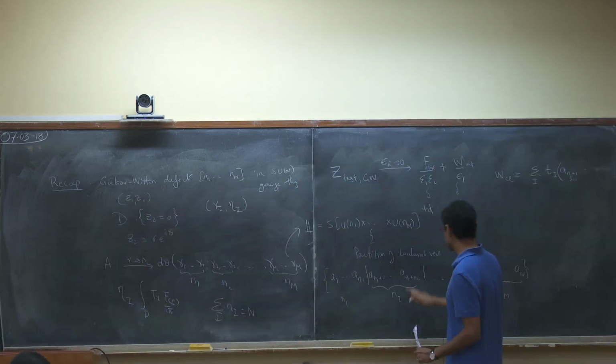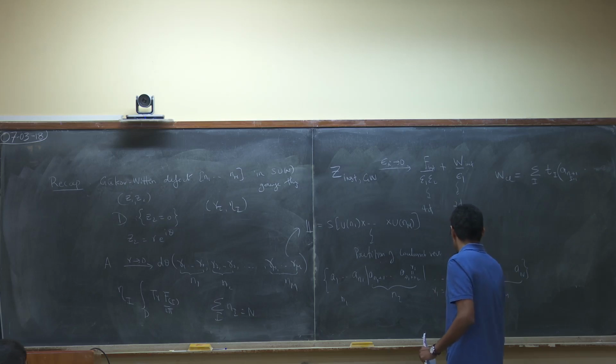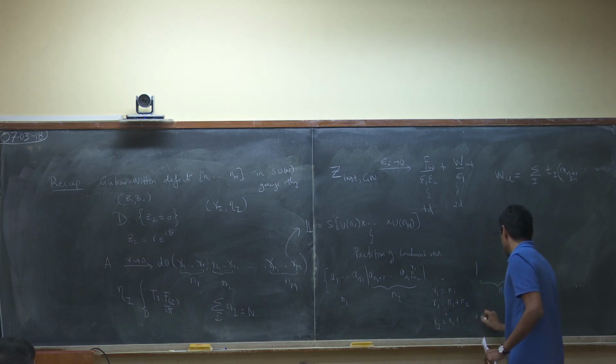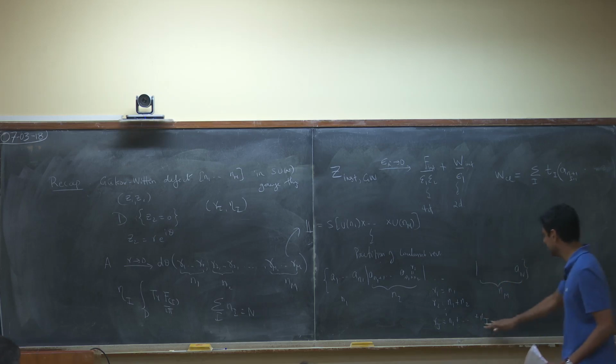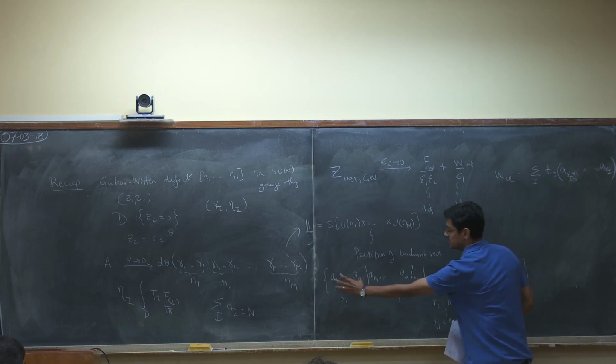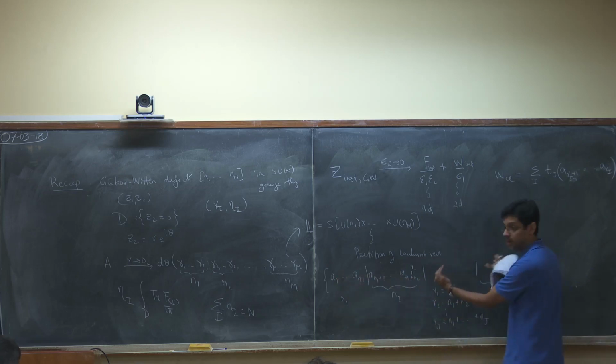I'll just declare that n1 plus n2 will be called R2 and so on. So let me say R1 is n1. So if I declare this, then you just sum these in each set, which is of length n1 or n2 and so on.